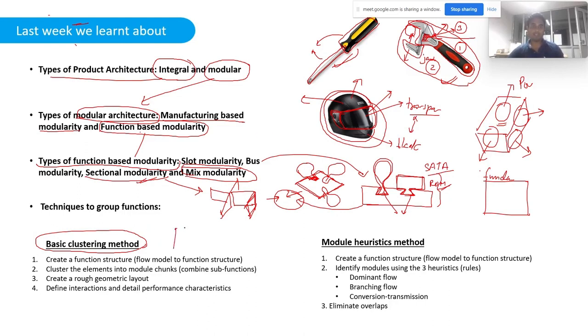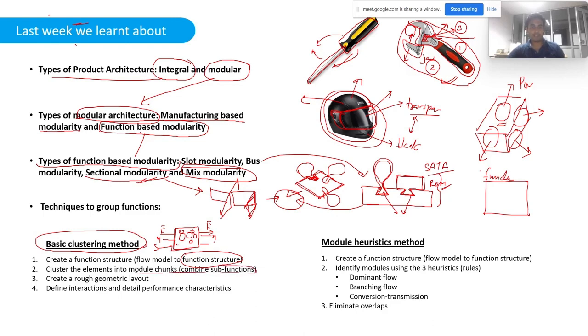The flow model again is that black box having input energy, material and signal, and output as energy, material, signal. After that we create the sub functions within that, and then come up with a function structure. From the function structure we then combine the sub functions into specific modules.